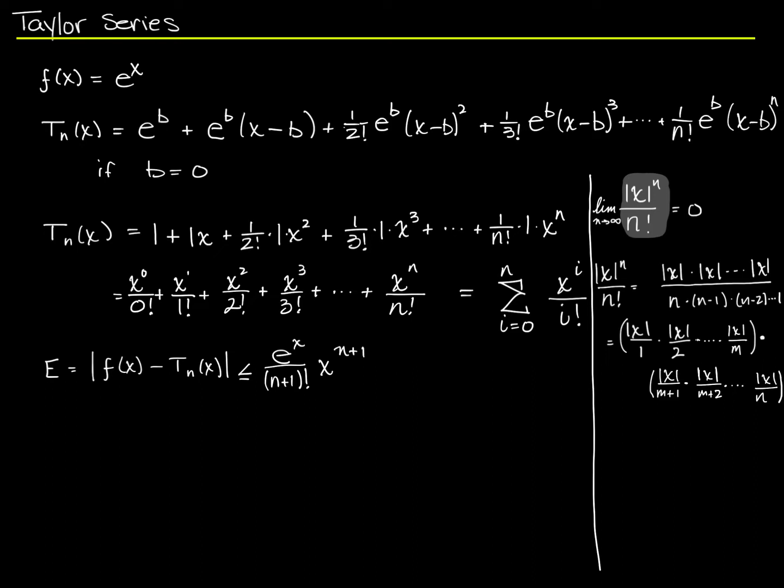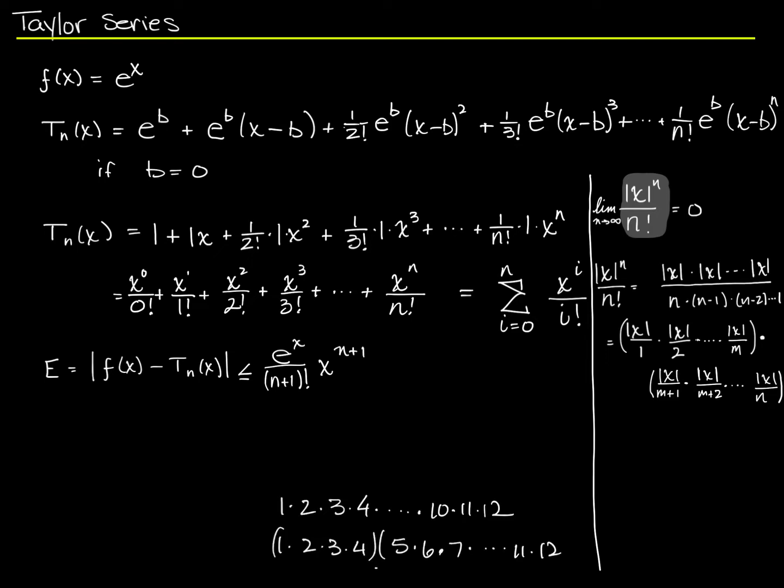This is kind of akin to saying 1 times 2 times 3 times 4 times all the way up to 10 times 11 times 12, for example, is the same as 1 times 2 times 3 times 4 times 5 times 6 times 7 times 11 times 12, right?